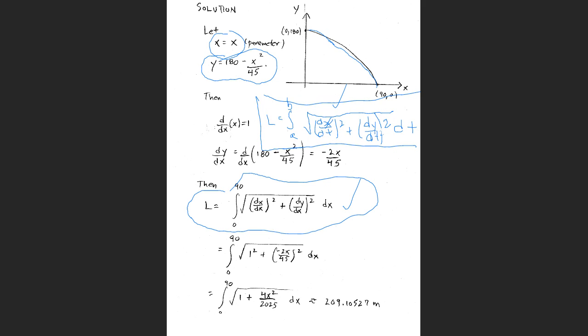You see? Because instead of dx/dt, where t is the parameter, I have dx/dx, because x is the parameter. And then instead of dy/dt, I have dy/dx, because x is the parameter. Okay?